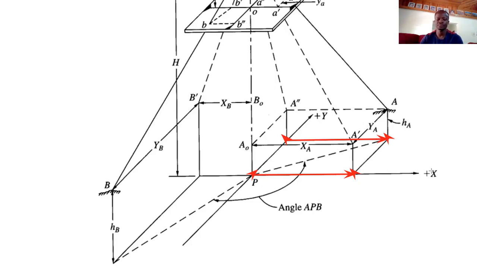That's been the transformation. The Y coordinate, YA, is actually from here to here, same as from here to here. For one single coordinate, we can draw a box to define the coordinates.